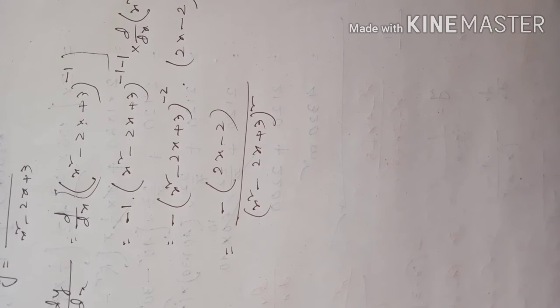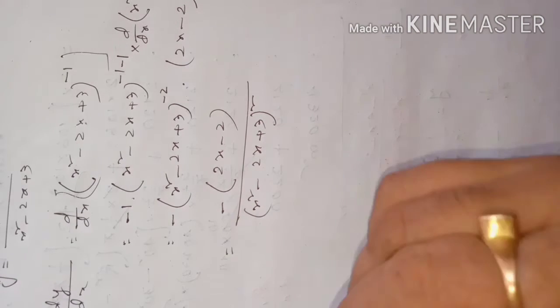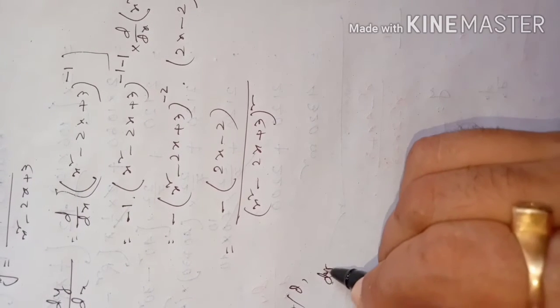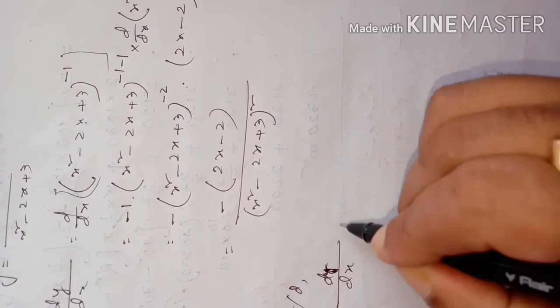Now, according to the question, the slope of the tangents is equal to 0. Find the equations of all lines having slope 0 which are tangent. So dy by dx, because this is slope, is equal to 0.